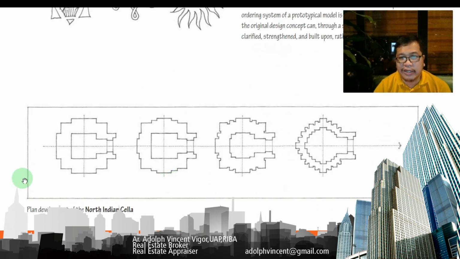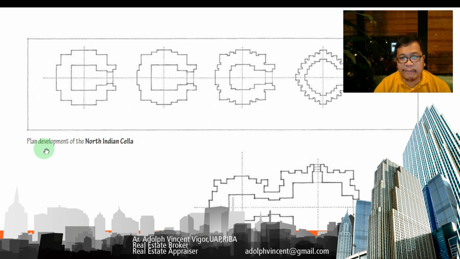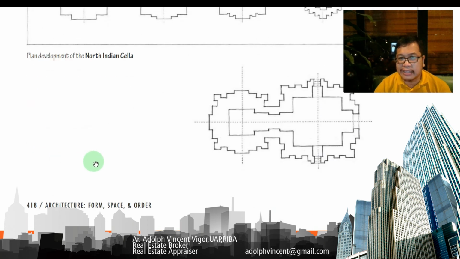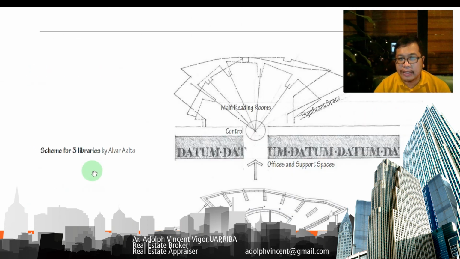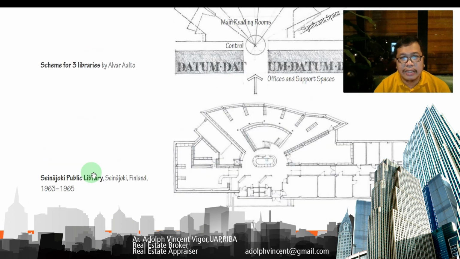Okay. Like for example, this one you can see that from this transformed, then more details are added to it until it reached this shape. So that's the plan development of the North Indian Sela. Yeah.